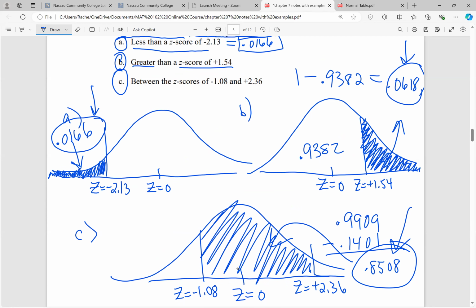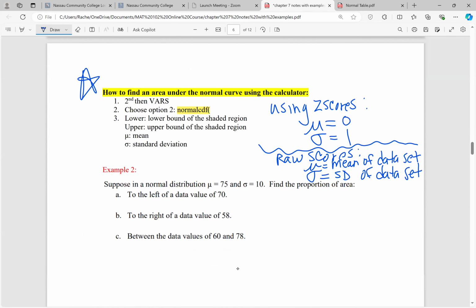So I'm going to end this lesson here. What I wanted to do was just make sure we understood how to use the normal CDF function in the calculator. And then really the next 2 videos are going to be practicing the same, finding a specific proportion of area under the curve.